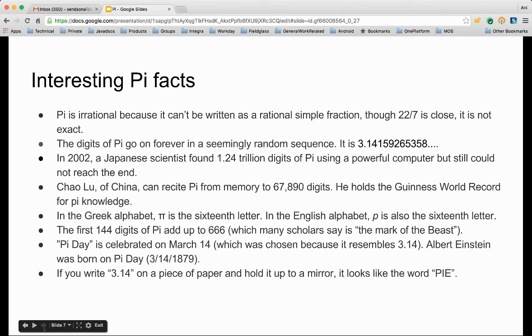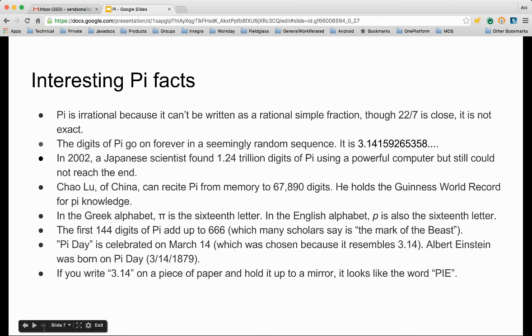The first 10 decimal points are 3.1415926538. In 2002, a Japanese scientist found 1.24 trillion digits of pi using a powerful computer. But he still couldn't reach the end.